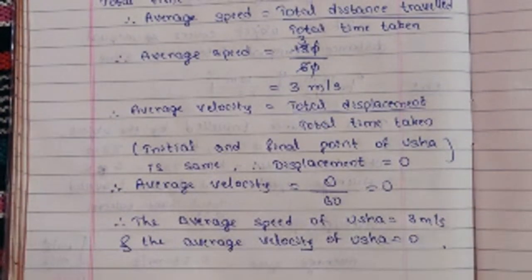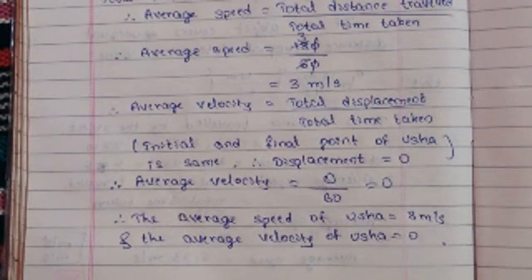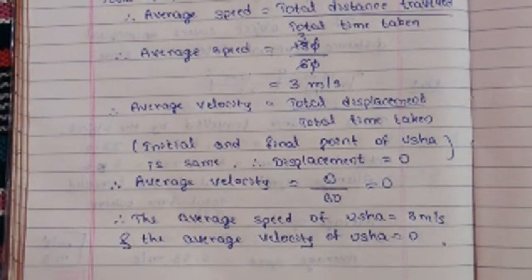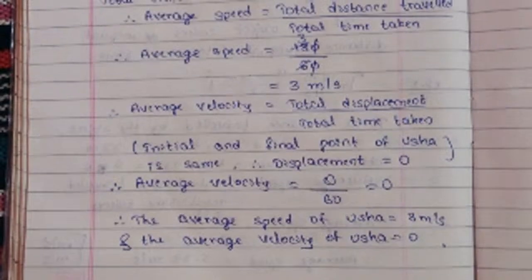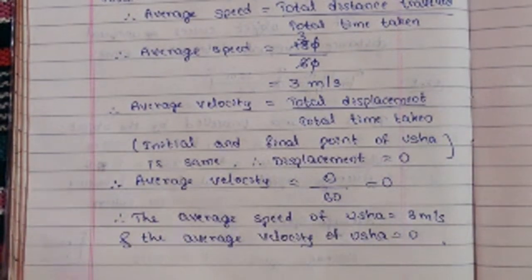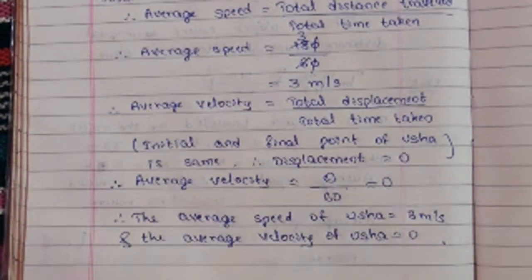So it is a very simple concept, and based on that definition we have to solve the problem. While solving the problem, keep in mind: first read the question carefully, understand the problem carefully, and then first write the given data. That is very important.